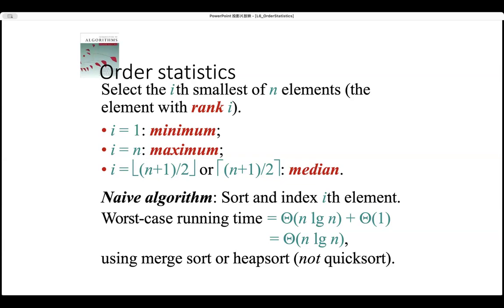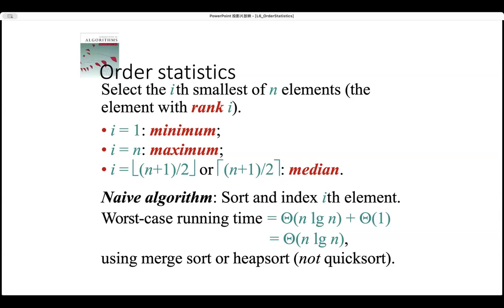The worst case running time would be the cost of the sorting, which is theta n log n, assuming you are sorting with advanced sorting algorithms such as merge sort or heap sort, plus a constant cost to check out the element with index i. That's still theta n log n.